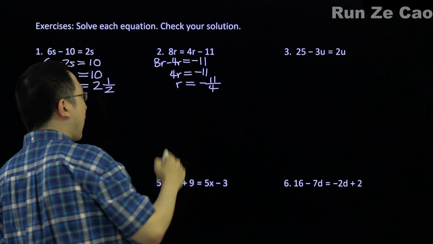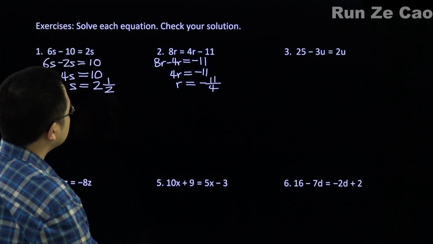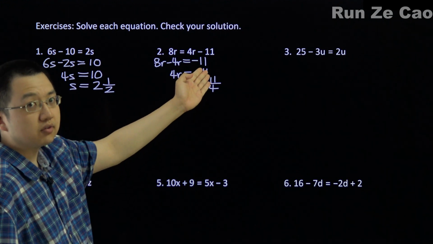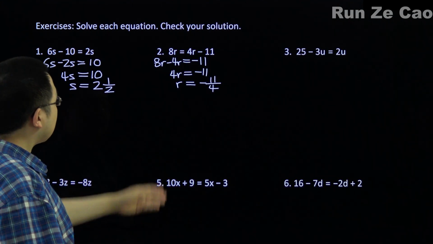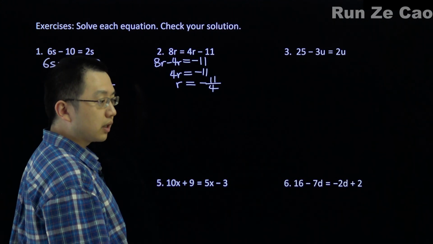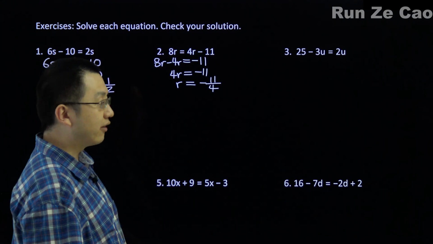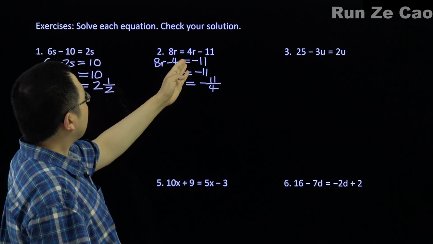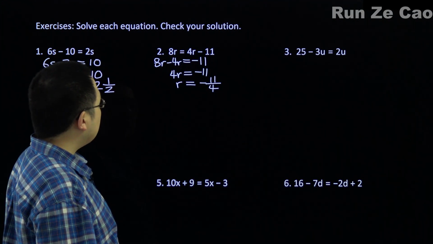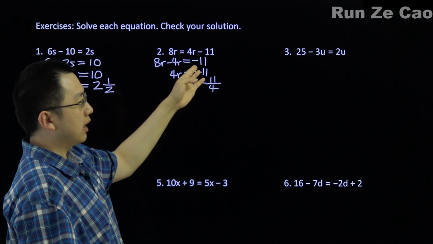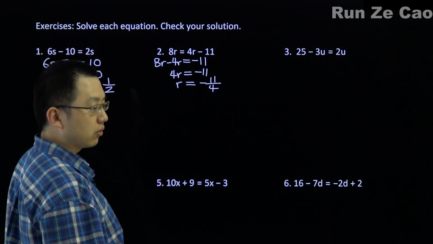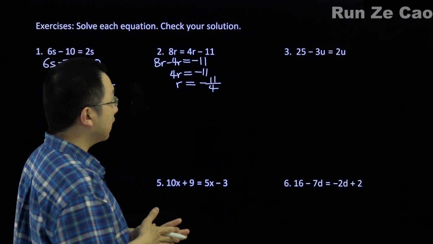When we substitute back in, we would get left side is equal to 8 times negative 11 over 4. We do a little bit of canceling and we get negative 22 because it's equivalent to 2 times negative 11. 4r minus 11 on the right side, we multiply this in and we get negative 11 minus 11, so negative 22. Left side equals right side, QED.